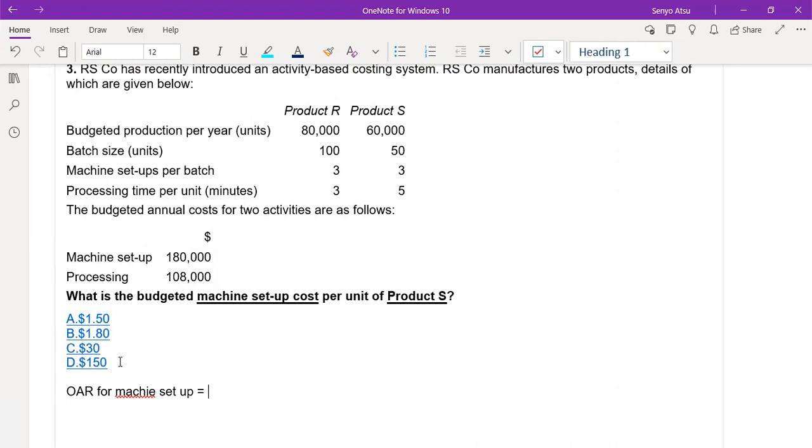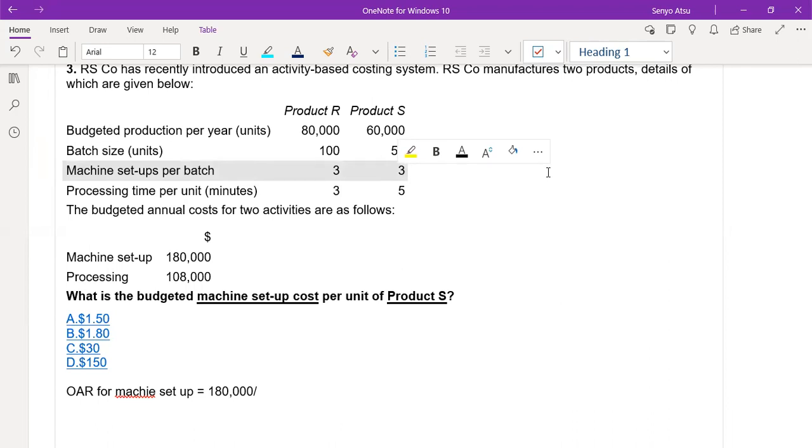The annual cost for machine setup is 180,000. That's my only worry now. Judgment is required in deciding what drives the cost of machine setup. Machine setup per batch. Listen carefully to the examiner.